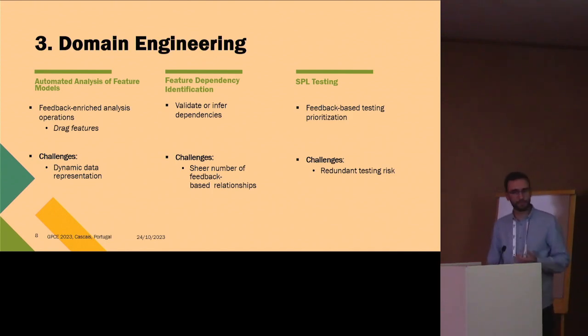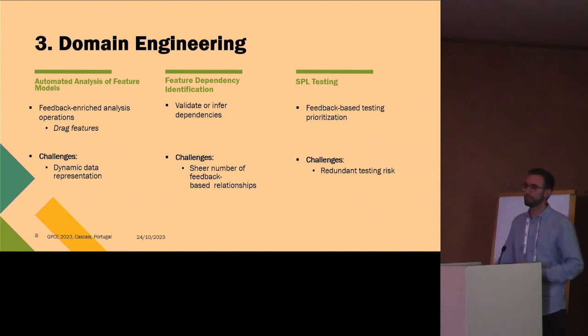So here we think that feedback could be used to create new operations inspired by current analysis operations that are being conducted over the feature models. For example, inspired by the dead features analysis operation that tells you what features can't be selected in any valid configuration of a feature model, we could create a new operation called drag features.